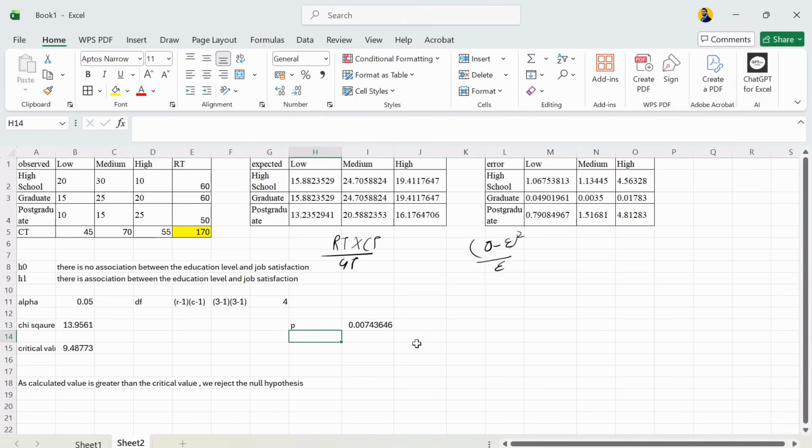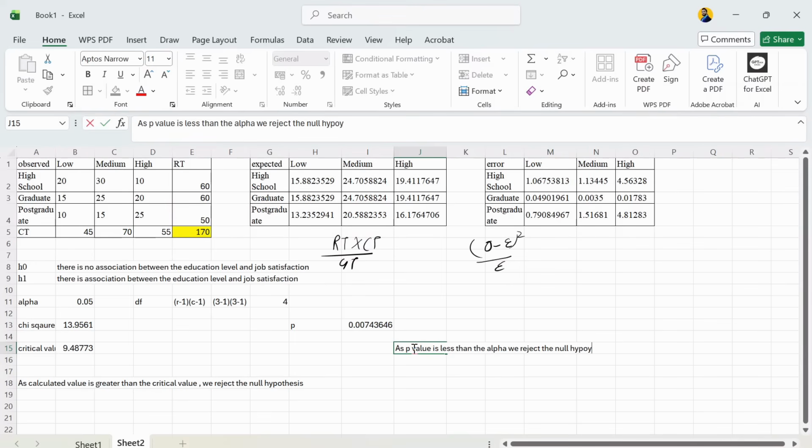The same result, same criteria we will follow here as well. Take p-value: if the p-value is less than alpha, we reject the null hypothesis.